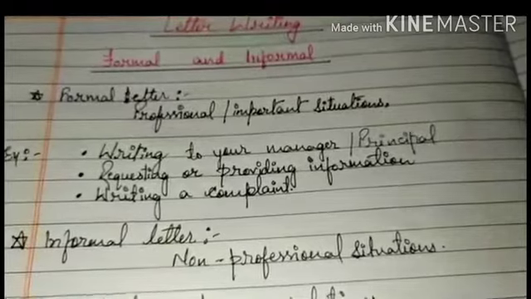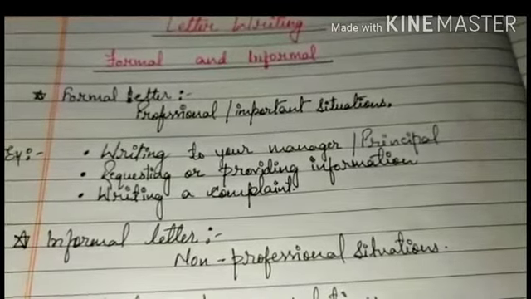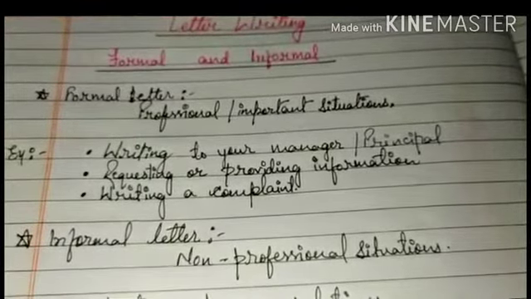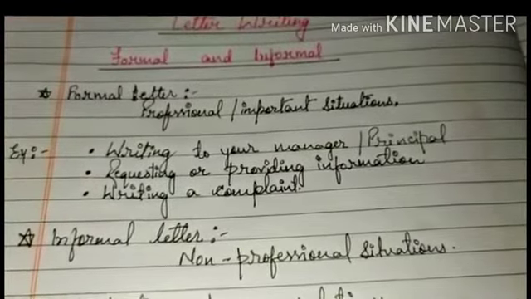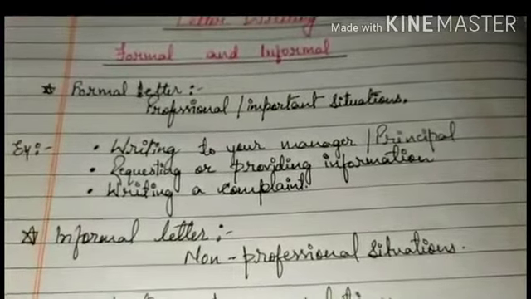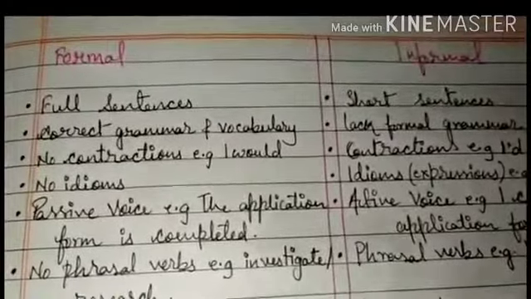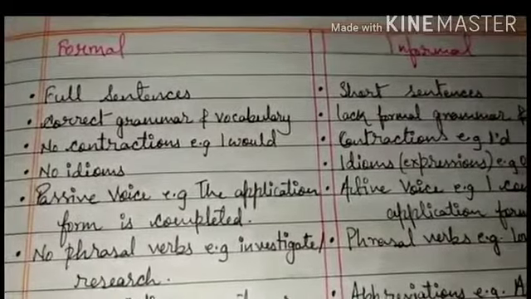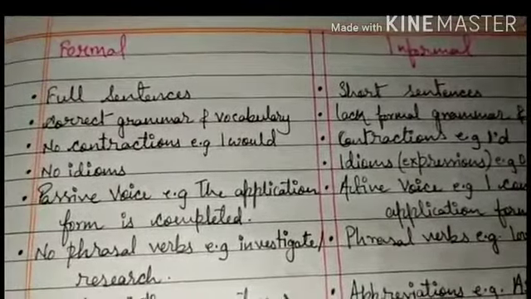Students, now I will give you a summary of what we should include in writing formal and informal letters. So, let's see here. Summary of everything you can see here, what we should include in formal and informal letters.